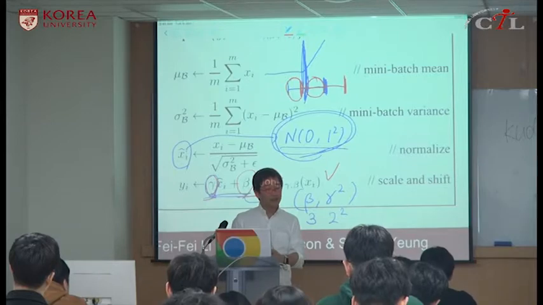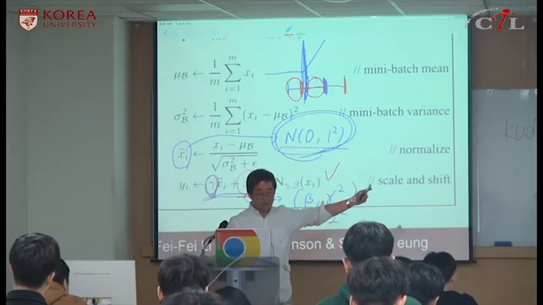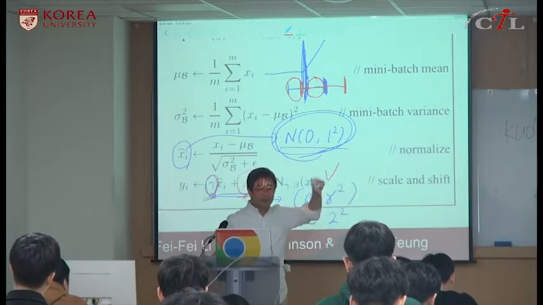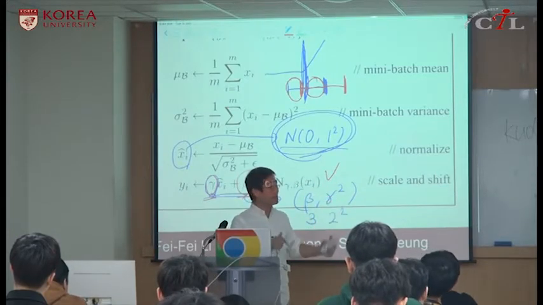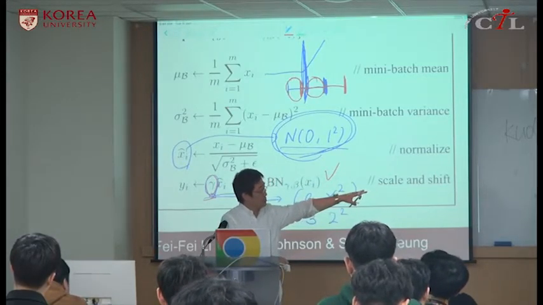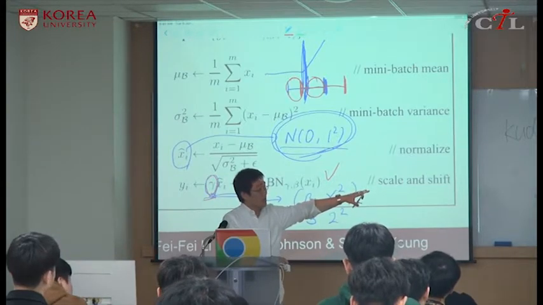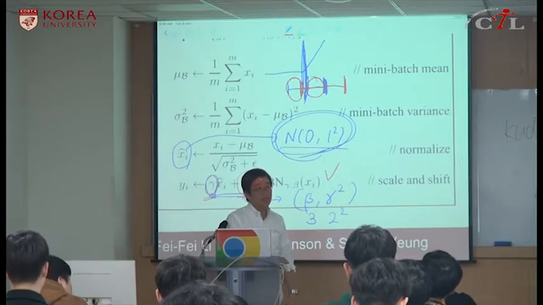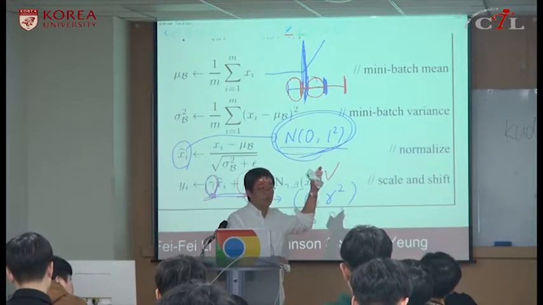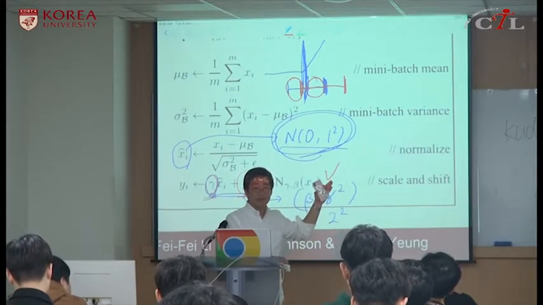Also, as a part of the computational graph of our entire network, this batch norm will give you the gradient with respect to gamma and beta, but it will also slightly change the gradient with respect to the input value x, right?